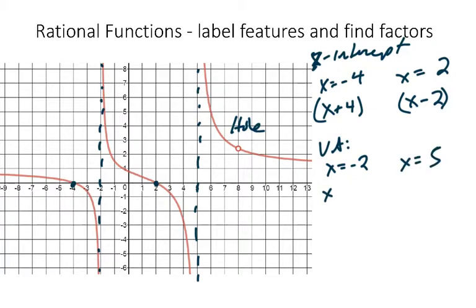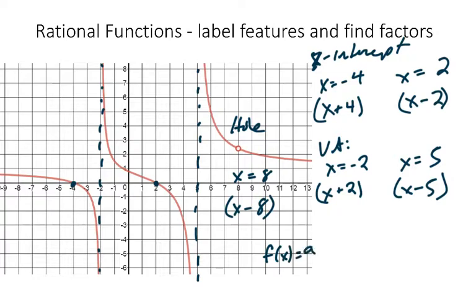Solving those as terms, it's going to be x plus 2 and x minus 5. And for the hole, I've got x equals 8, so it's going to be the term x minus 8.